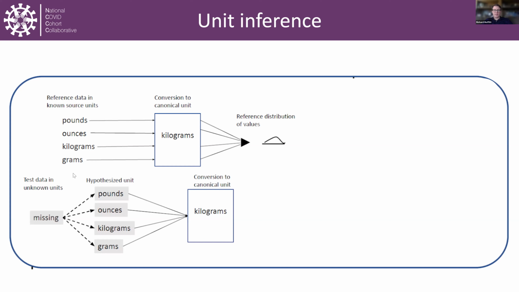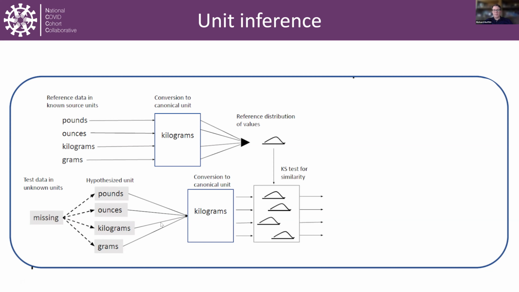Then we can take data from a site that is not giving us units. We can hypothetically decide that this unit is one of the four potential units that are out there. We convert them into kilograms as if the hypothesis were true.